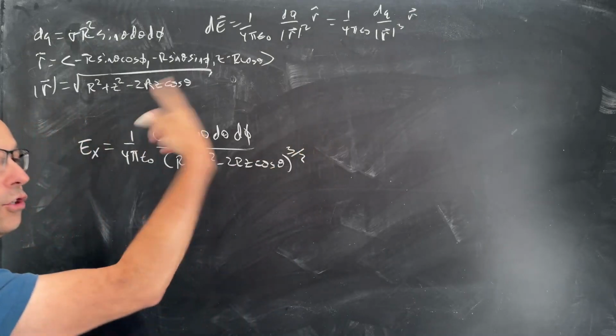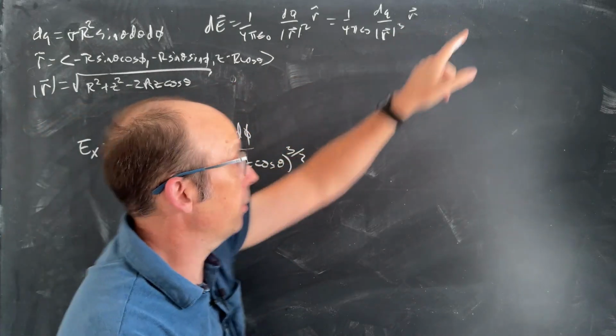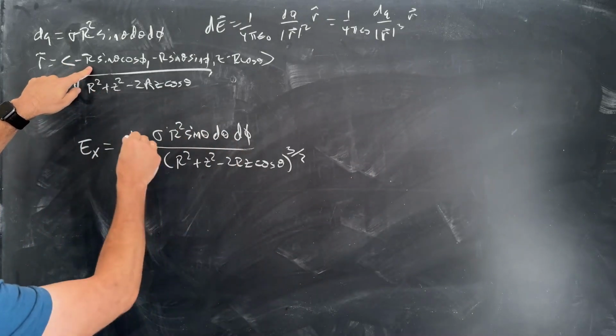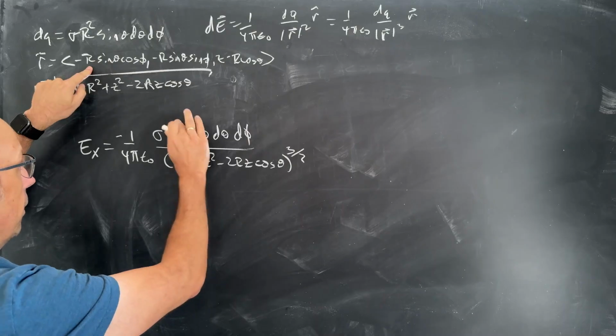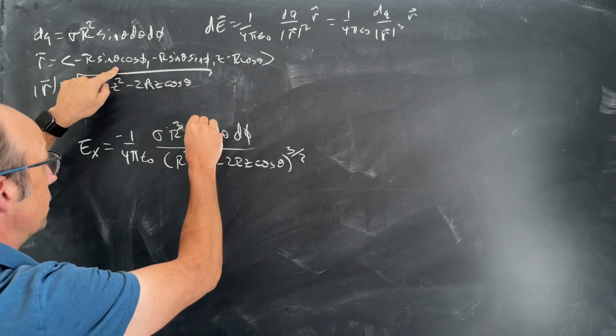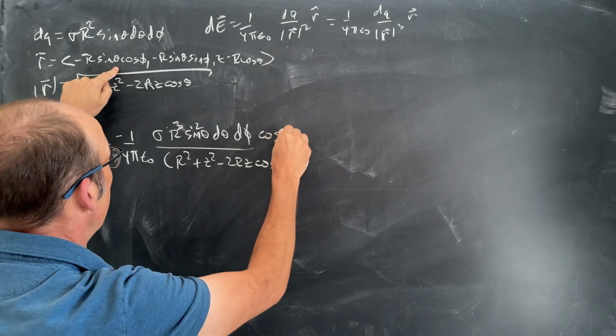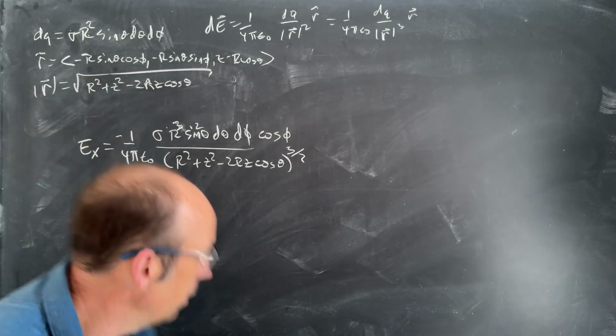Because it's square rooted cubed right there. And then I need to multiply that by the x component of this, which is this. So I have a negative. I'm going to put the negative over here. r, I'm going to put this as r cubed. And then let's just, and sine, so I get sine squared, and then I get cosine phi. And I need to integrate that.